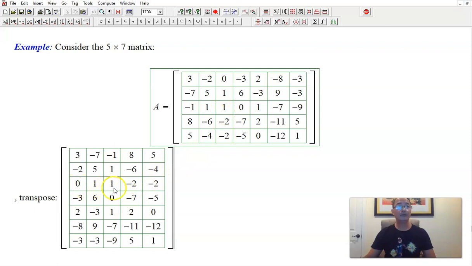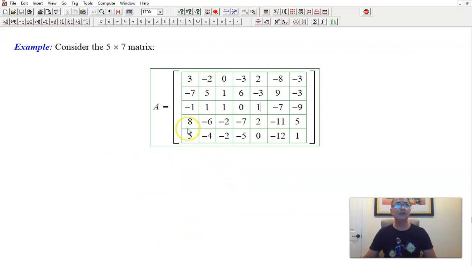Here is row 3 of the transpose: 0, 1, 1, minus 2, minus 2. So every row turns into a column, and every column turns into a row. We will deal with the transpose at the end.